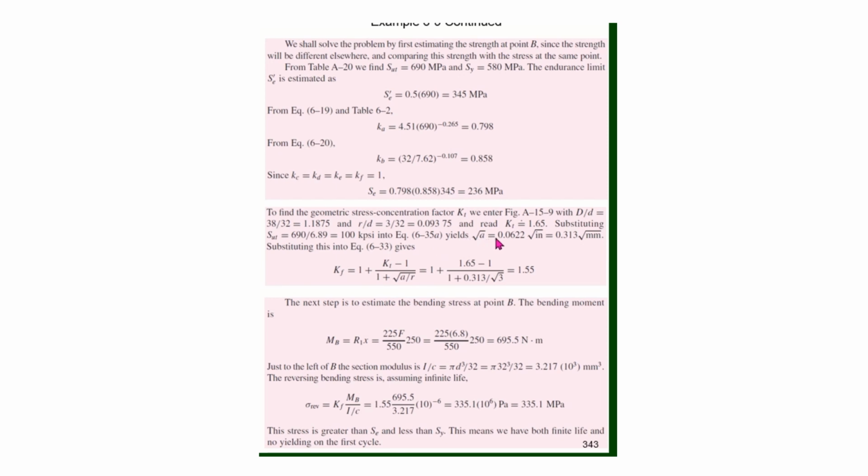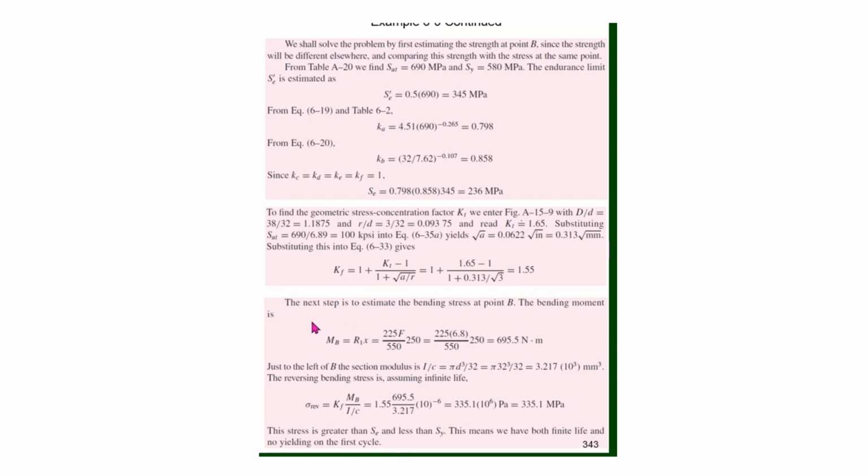If this detailed information was not given, we would go to our table for q and use our expression for big KF as 1 plus q times KT minus 1, and we could compute this same big KF using that other equation. But here where we know little a and r, we can compute the 1.55.